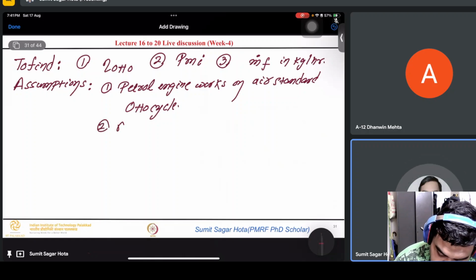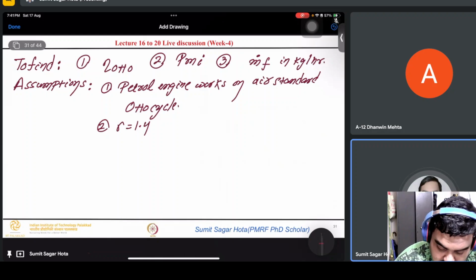And gamma we are taking for air as 1.4. So let's go to the solution.